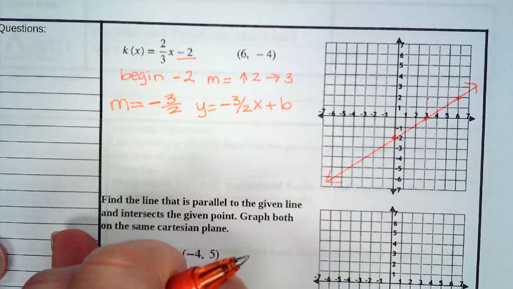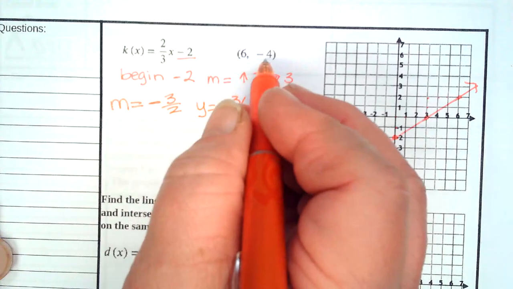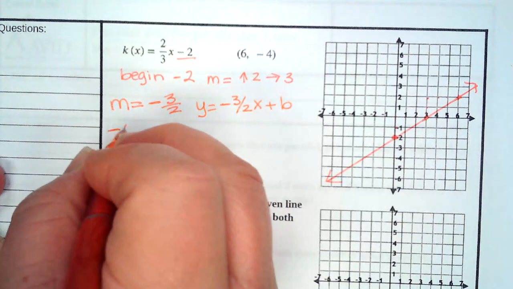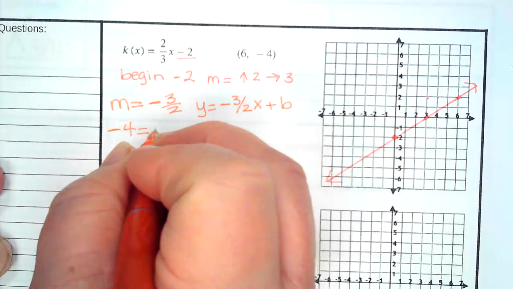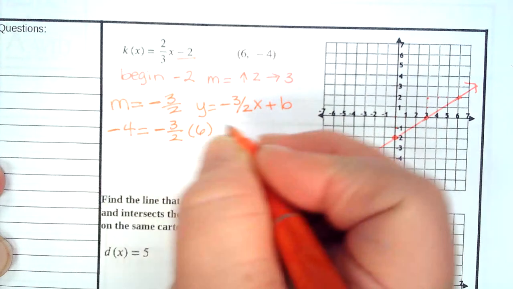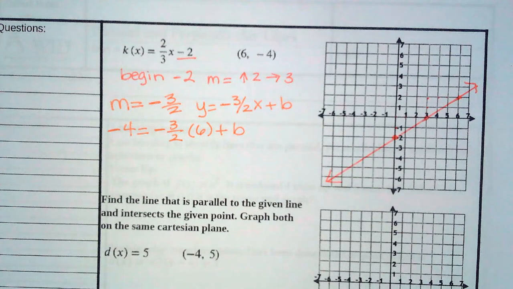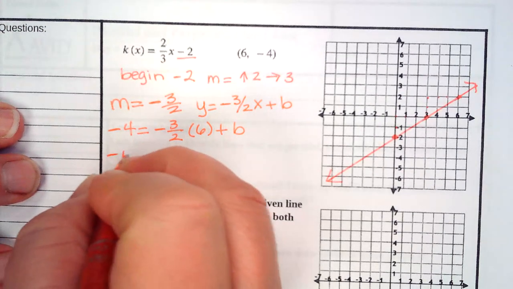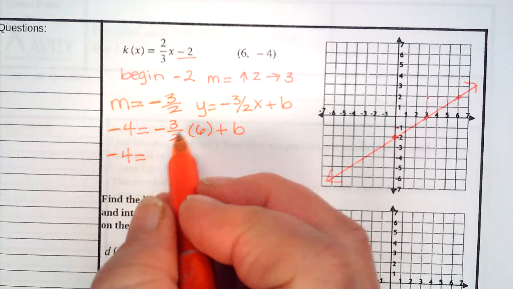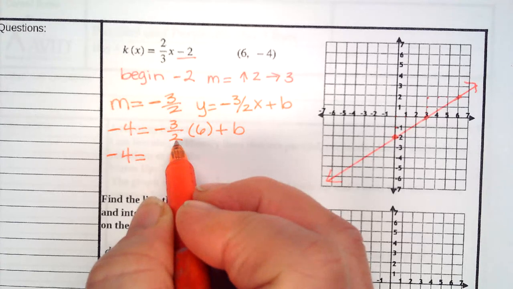Now we're going to find b. Okay, 6 is our x, negative 4 is our y. Negative 4 is equal to negative 3 over 2 times 6 plus b. Negative 4 is equal to negative 6 divided by 2 is 3.